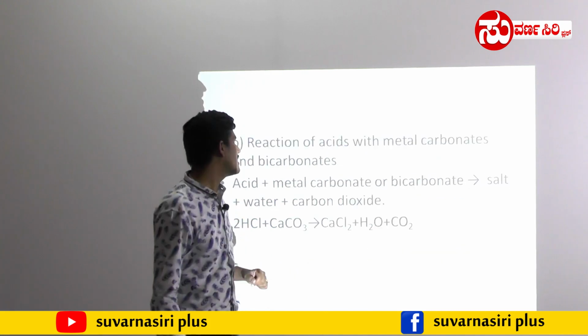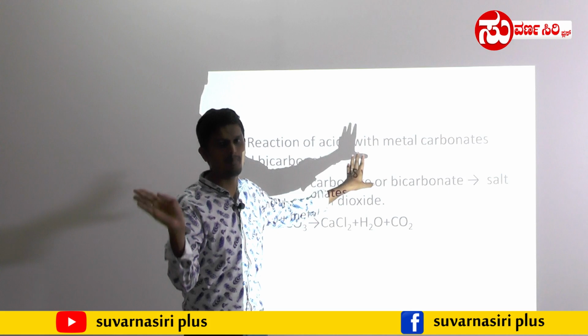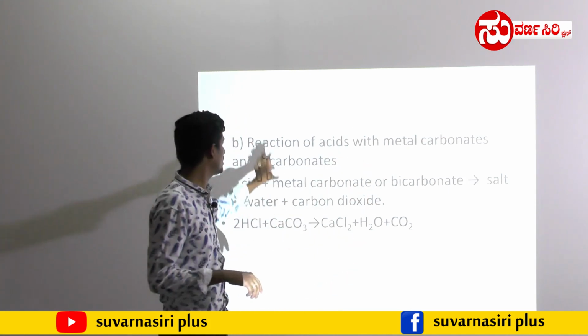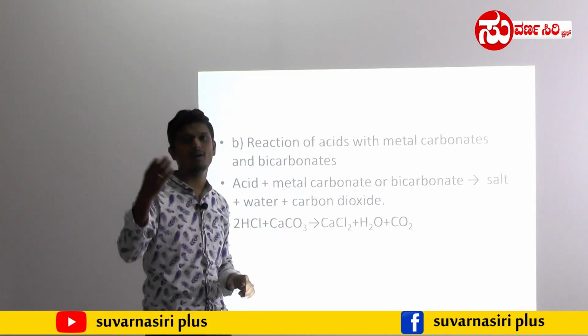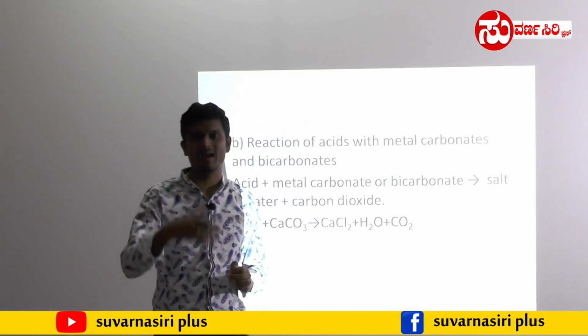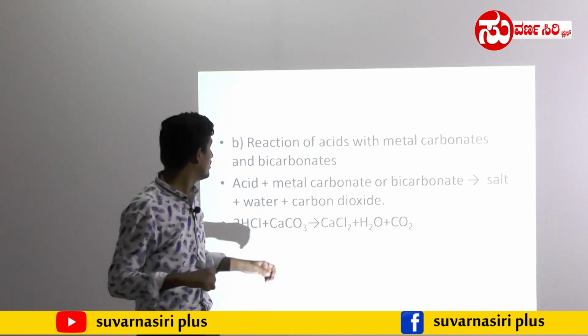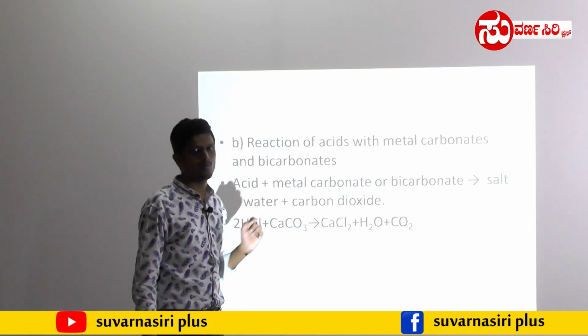Then we will move on to the second reaction, the reaction of acid only, not base. In the first reaction we took both acid and bases. In the second reaction, the reaction of acids with metal carbonates. You may take metal carbonates like calcium carbonate, magnesium carbonate, aluminum carbonate. So the reaction of the acid with metal carbonate and bicarbonate.